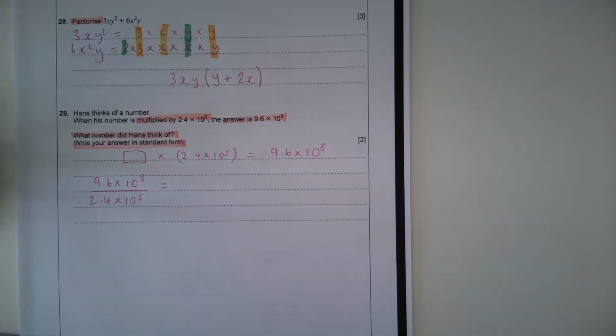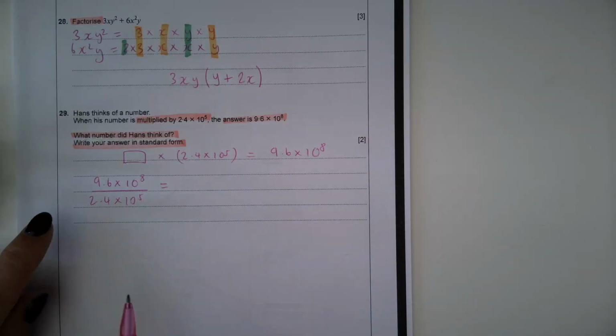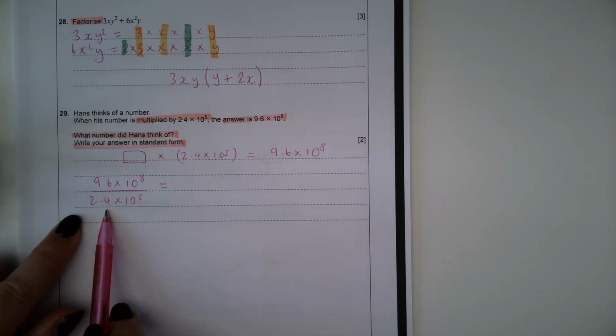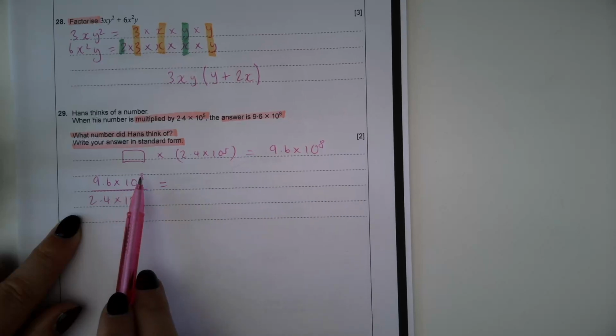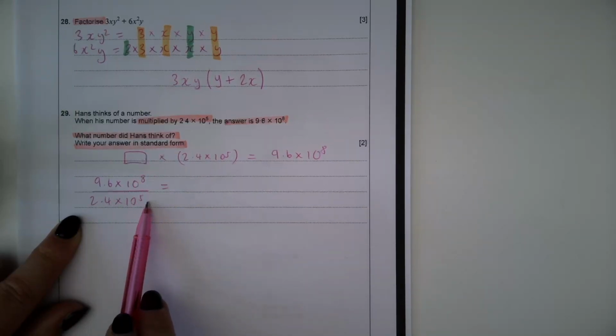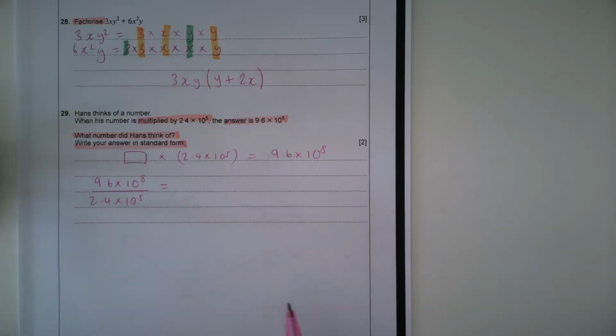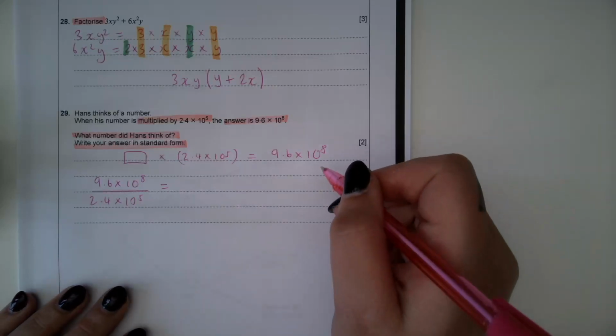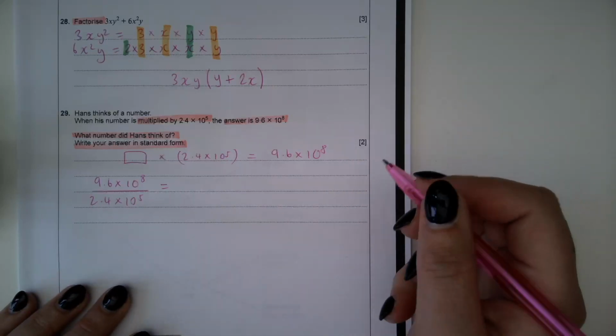Now the reason why I've written it as a fraction is to make our life a little bit easier. So we're going to do 9.6 divided by 2.4, okay, and then we're going to do 10 to the power of 8 divided by 10 to the power of 5, and we're going to use our laws of indices, our division rule. So let's start with 9.6 divided by 2.4. However you want to do this, I think I'm just going to count up in 2.4s, guys, to be honest.